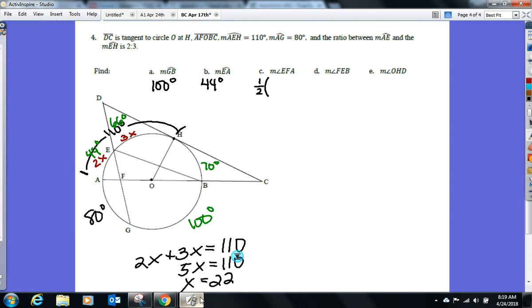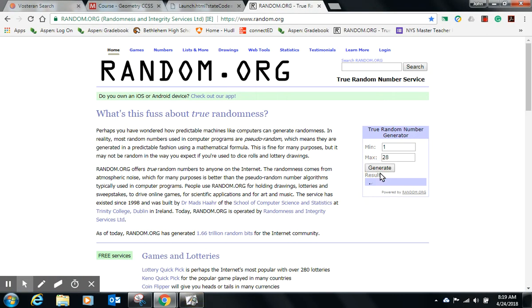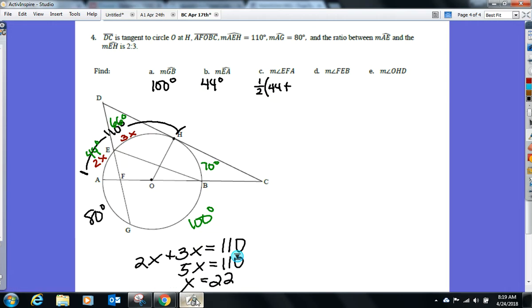What's the arc that belongs to it? 44 plus its vertical angle's arc. What's its vertical angle's arc? 100. There it is. So I'm going to take half of 144, and that'll be 72.